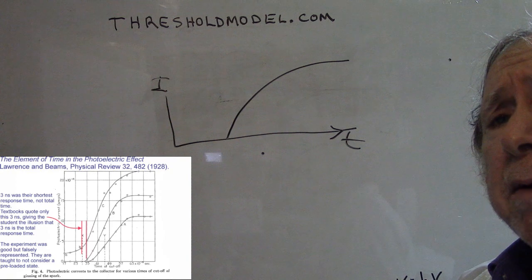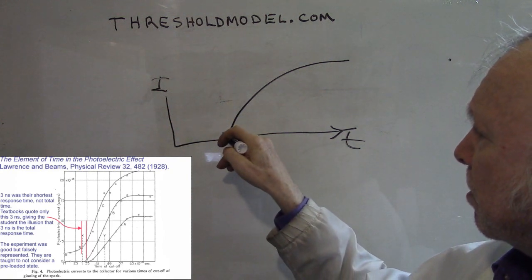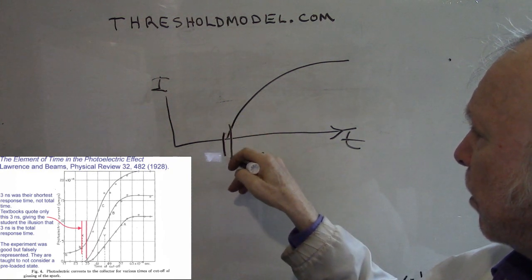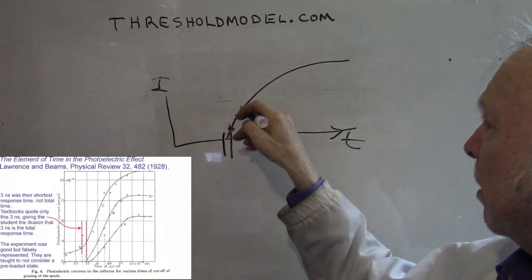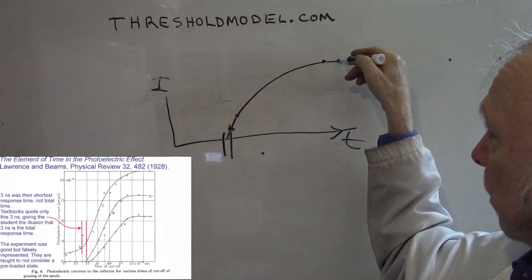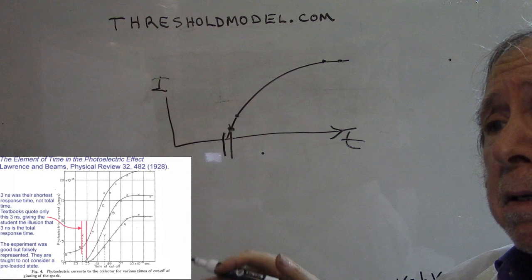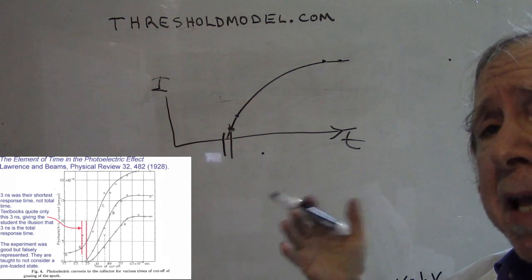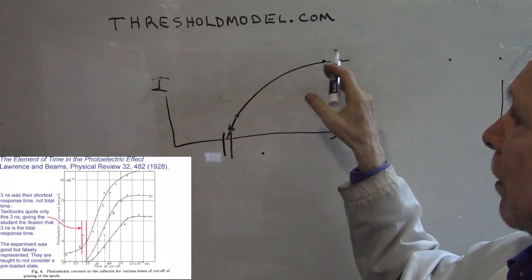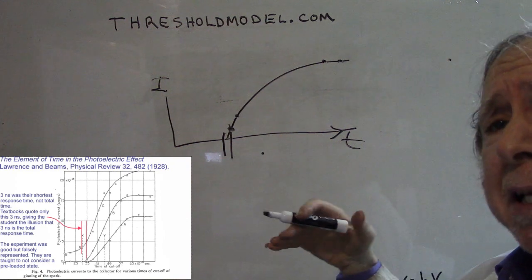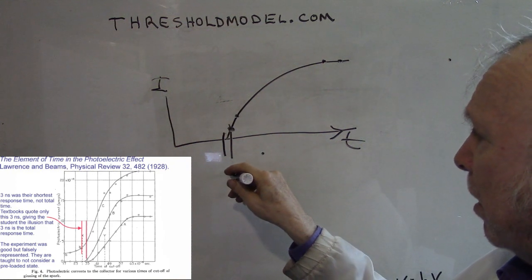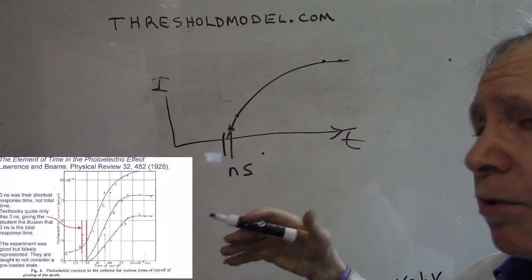What's the response time? So they found, oh, it was close to a nanosecond or maybe 3 nanoseconds. But there were other times here. There were longer times. But what happened was the textbooks don't talk about the longer times. They only care about this shortest time of a nanosecond or two.